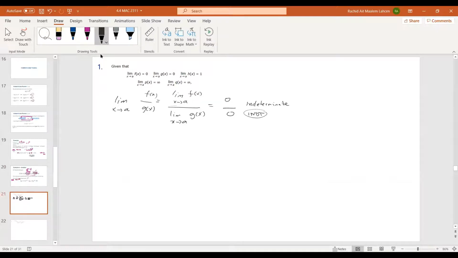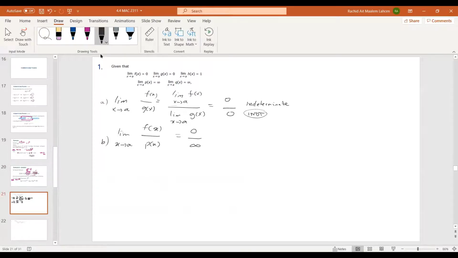Just so we become familiar with it, maybe we call this A. So B is the limit as x approaches a of f of x over p of x. Similarly, when we use the limit law for f of x, we're going to get 0, and for p of x, we're going to get infinity.